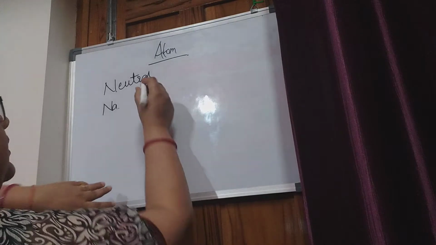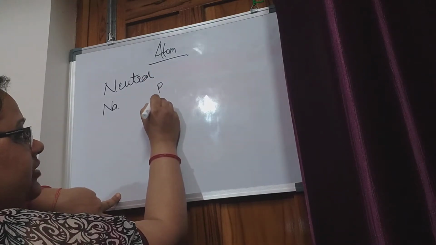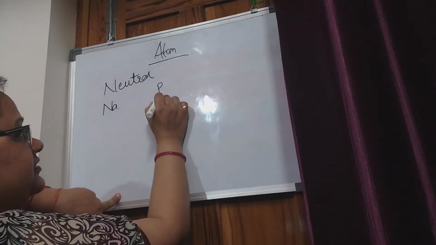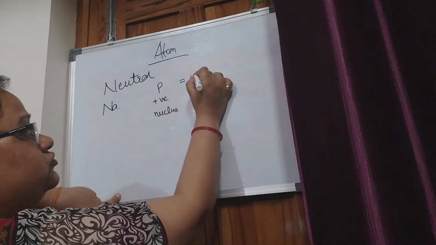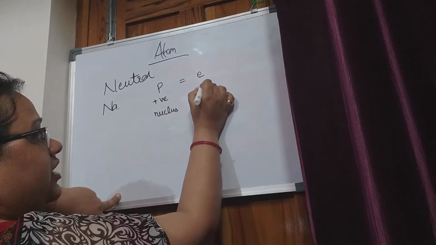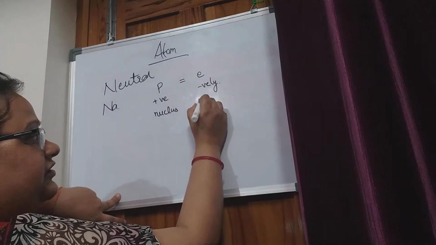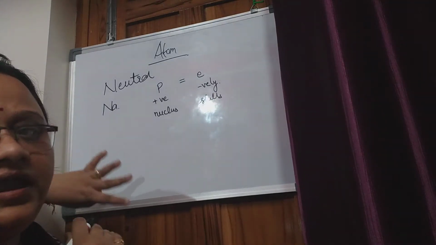Now see this. The number of protons which are present in the nucleus of an atom, these are positively charged, are equal to the electrons which are negatively charged, and these electrons are present in different energy shells or energy levels of an atom.